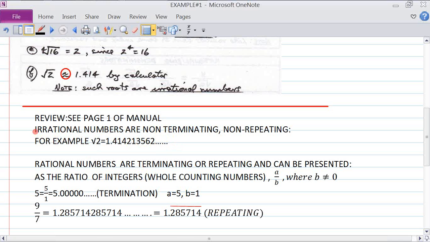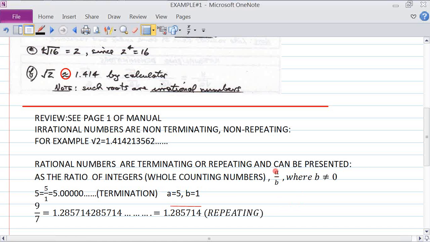Well, you say, if that's an irrational number, what's the opposite of an irrational number? A rational number is terminating or repeating. These are numbers that either end or they repeat digits, and they can be presented as the ratio of integers.